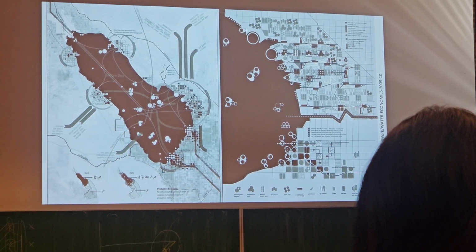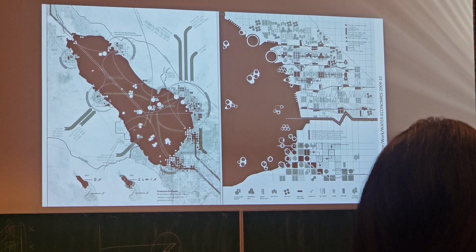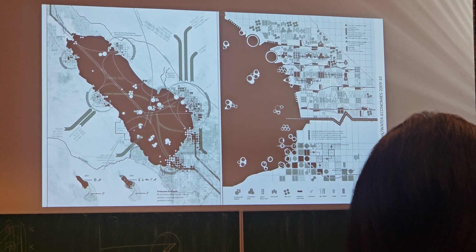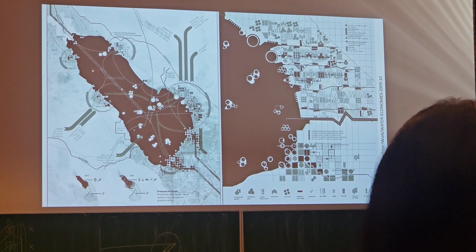We can start to turn it into a new kind of productivity, new kinds of crops, new kinds of ecologies, new kinds of economies, to turn this wasteland into a new generator of stuff.